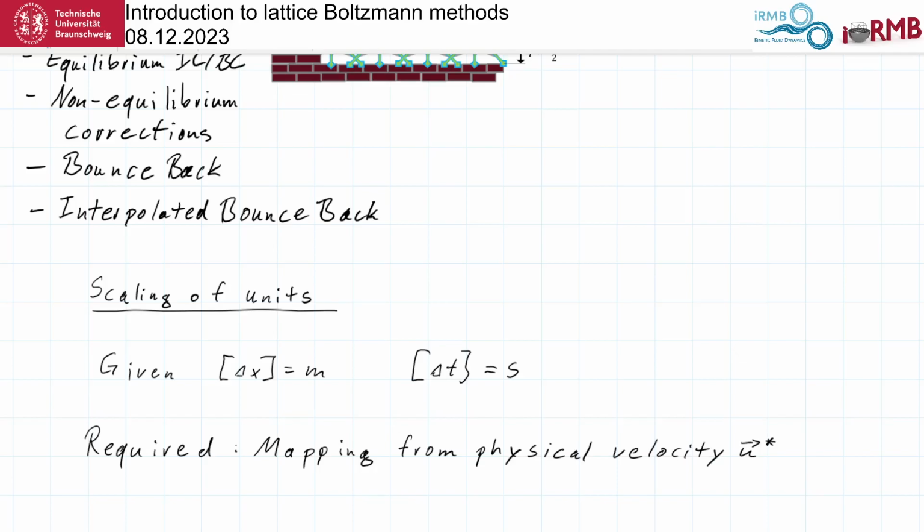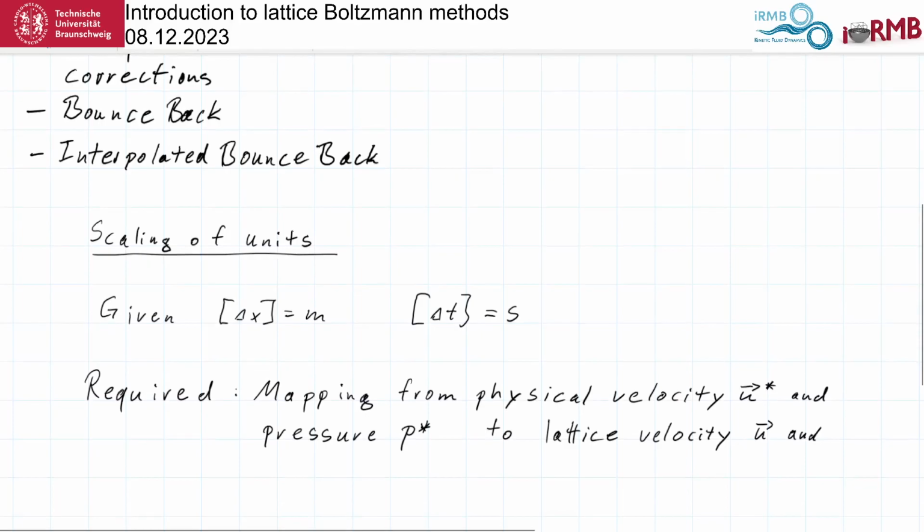We call the physical stuff with a star, say physical pressure P star, to the lattice velocity u and lattice density in this case, because the pressure is related to the density, rho.